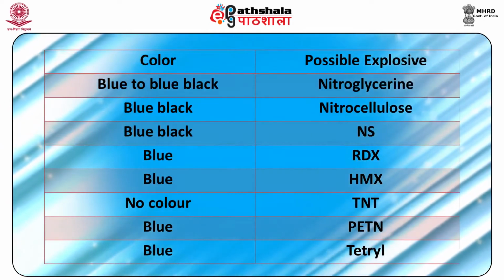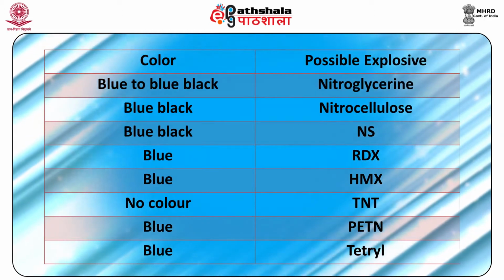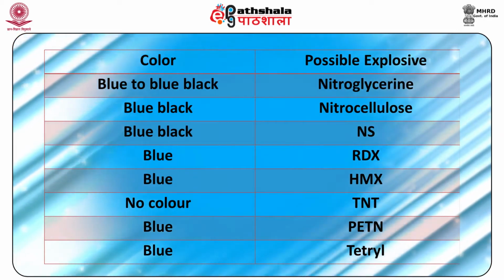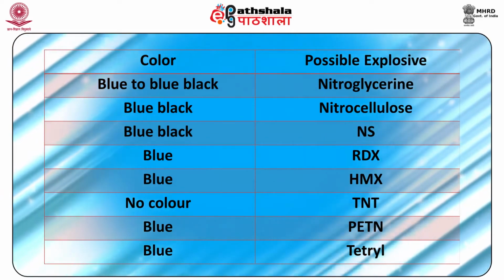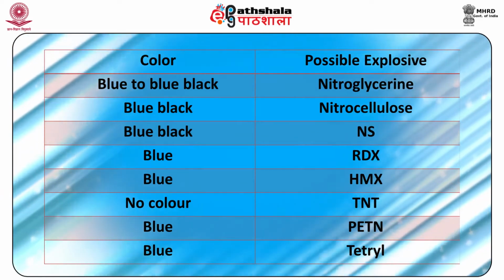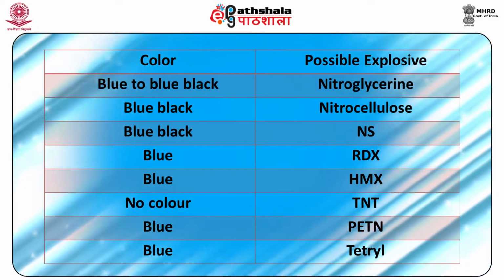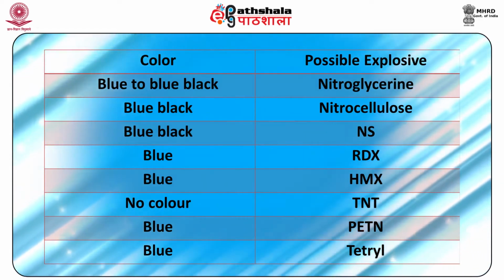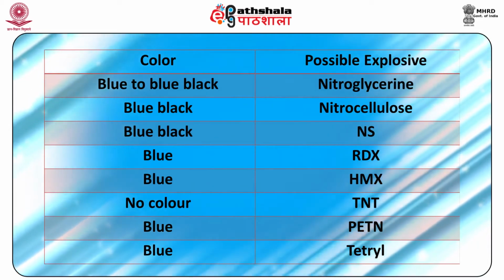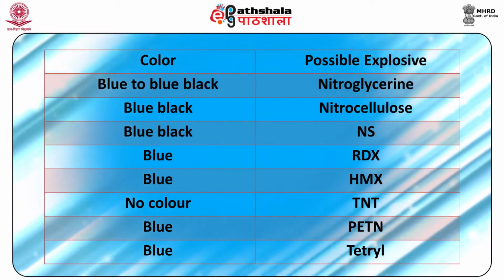As you can see in this table, if the color is blue to blue black, the possible explosive component may be nitroglycerine. If it is blue black, it can be nitrocellulose or NS. If it is blue, then it can be RDX or HMX.